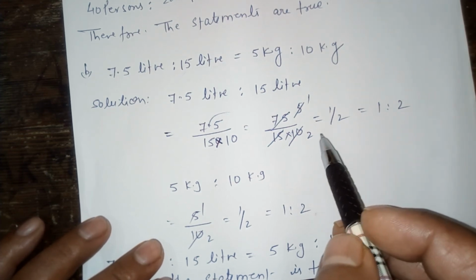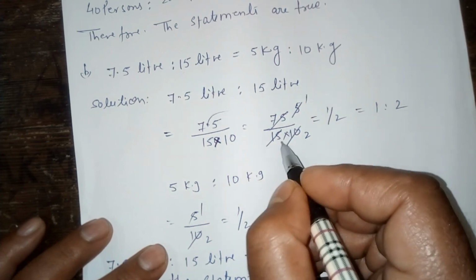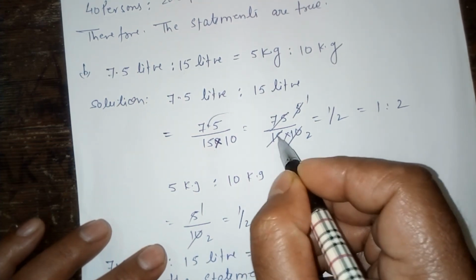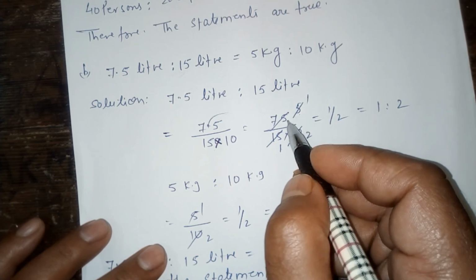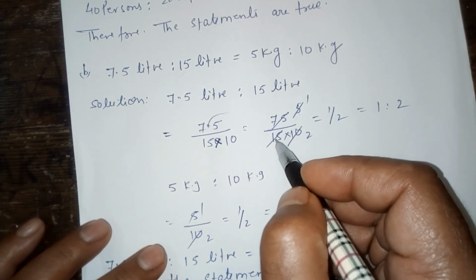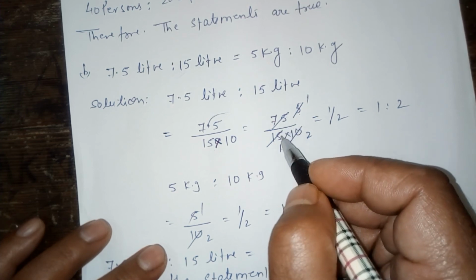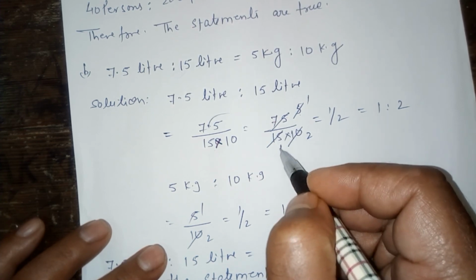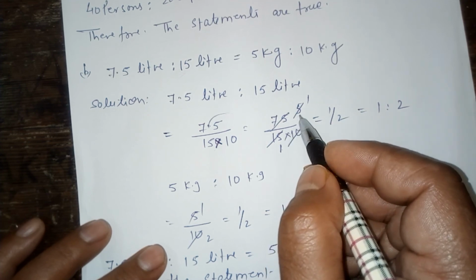Now we will cancel. 15 1s are 15, 15 5s are 75. The meaning is 75 and 15 will be cancelled by 15, giving 5.